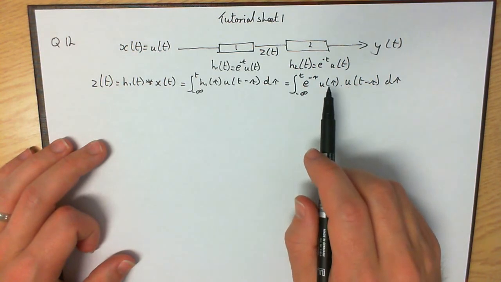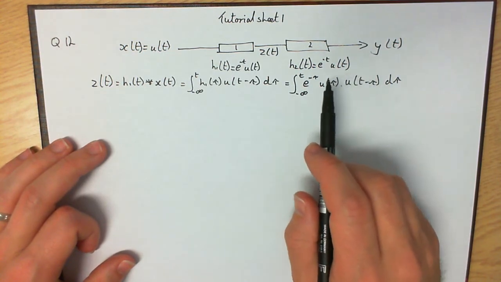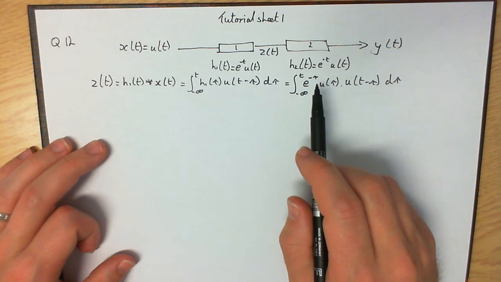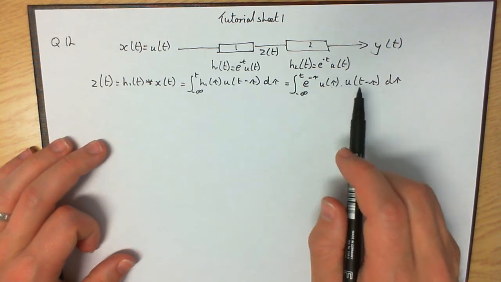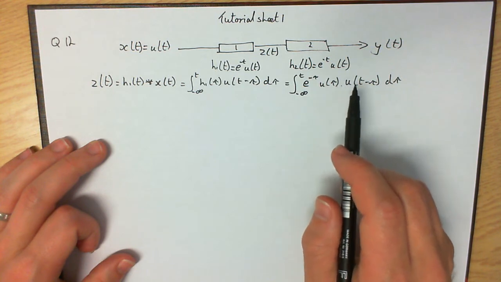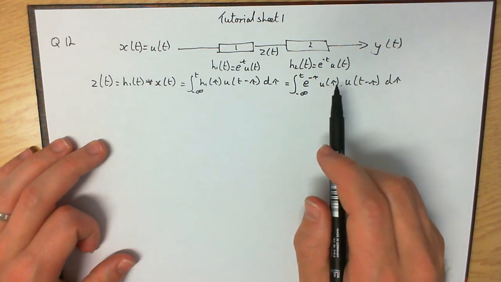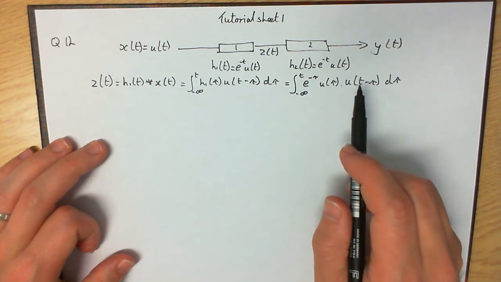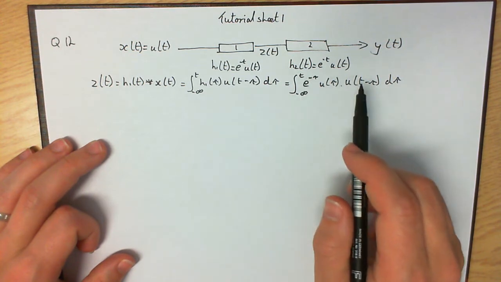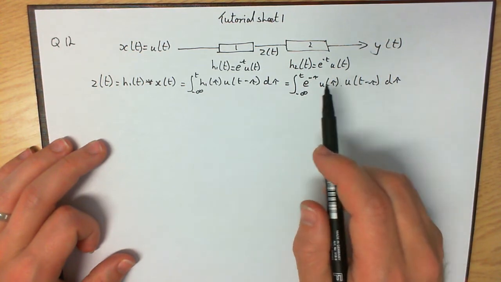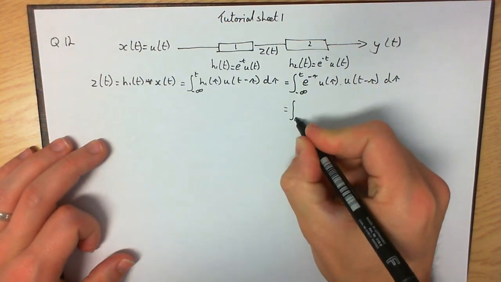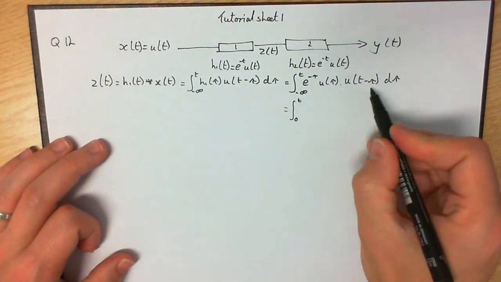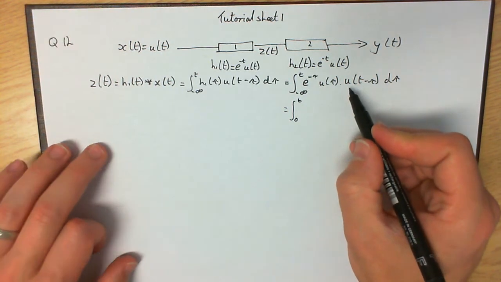Well, how do we cope with this? We know that this is just a product of two unit step functions, but this only exists between 0 and t, because this is a flipped version of u of t. So we can change the integral to be from 0 to t.